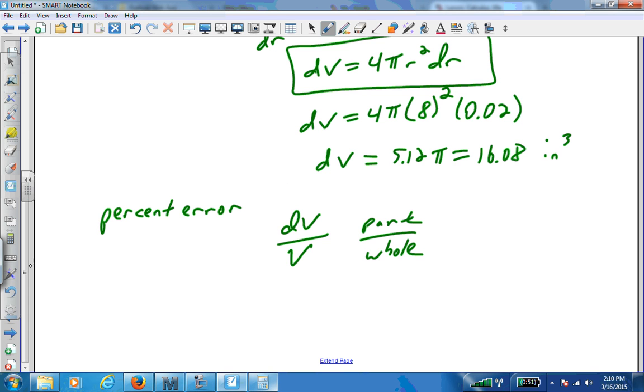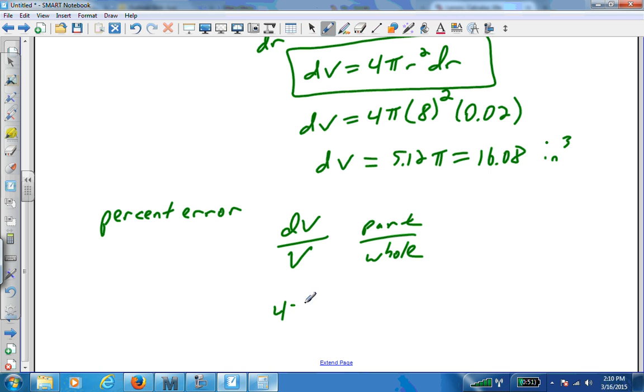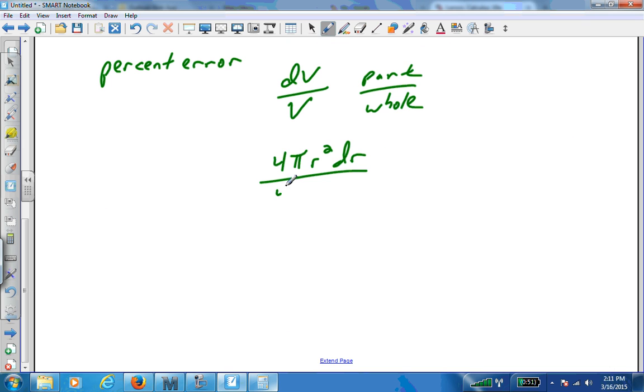So let's do this in terms of our variables. So dv is 4 pi r squared dr. Volume is 4/3 pi r cubed. So this is percent error in volume, the error in volume divided by the actual volume.